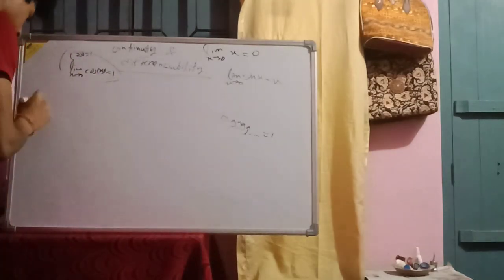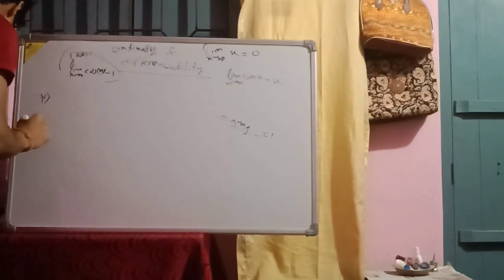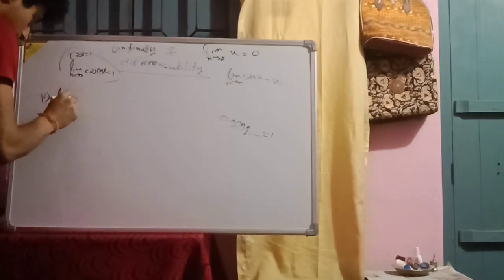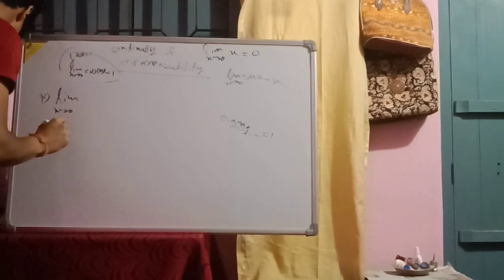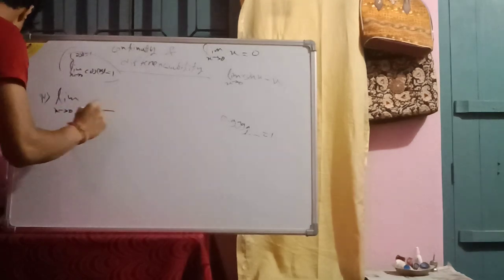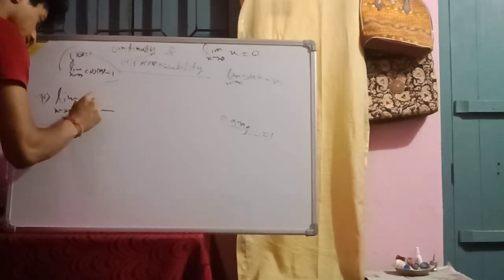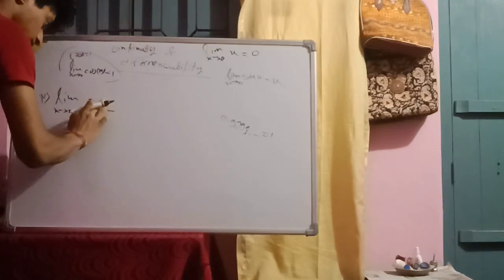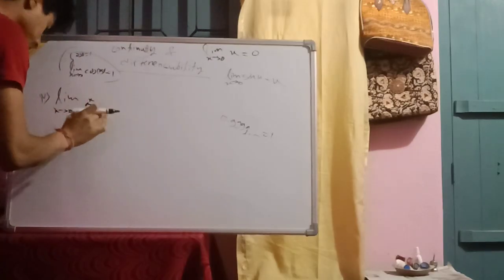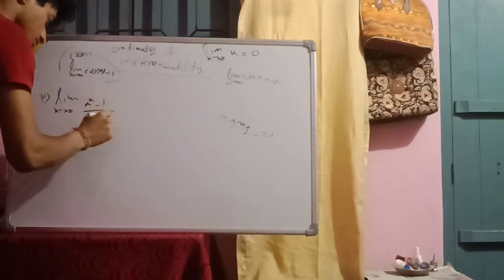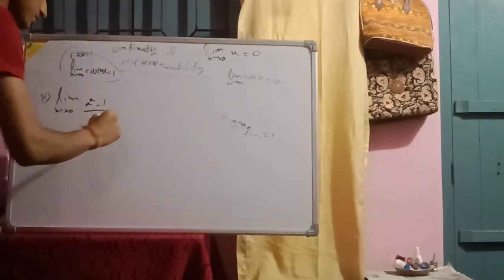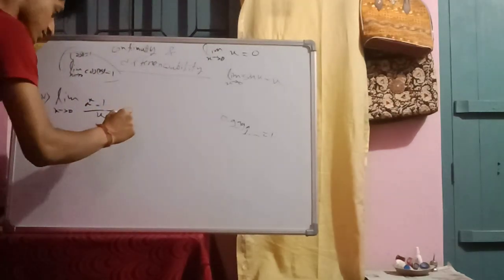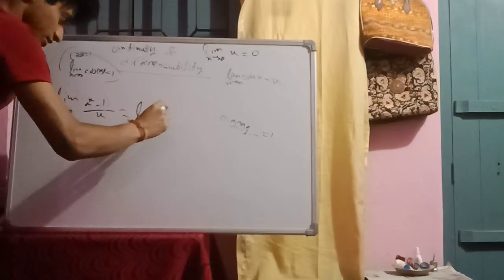Now let's do this one, which says limit of x tends to 0 of (a to the x minus 1) over x. The value of this is natural log of a.